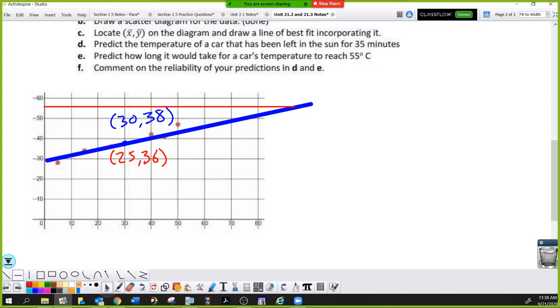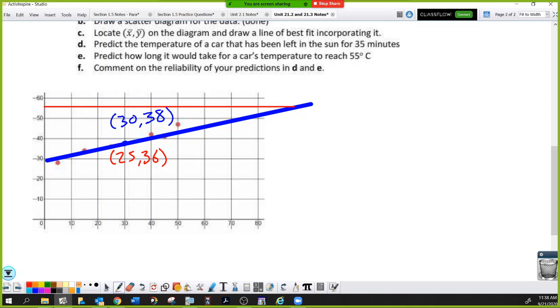This is somewhere really outside the data, isn't it? This would be like 90, and this would be about 100. So that's somewhere around the 93-ish mark. It's just an estimation.